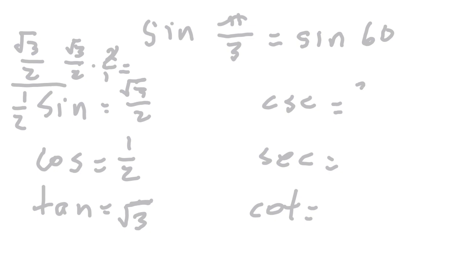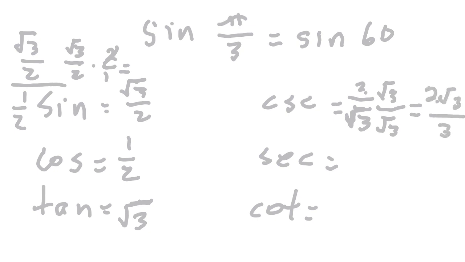So this will now become 2 over the square root of 3. We all know that that's no good because you got a radical in the bottom. I would probably take the time to rationalize that with square root of 3 over square root of 3. So it looks like it's going to be 2 square root of 3 over 3. So that is the cosecant.